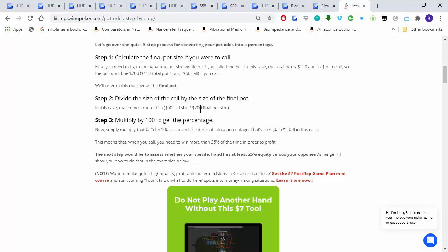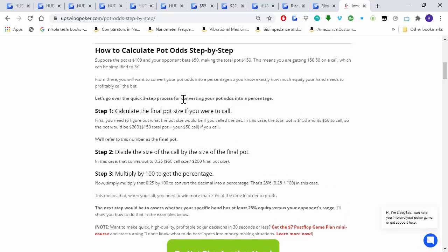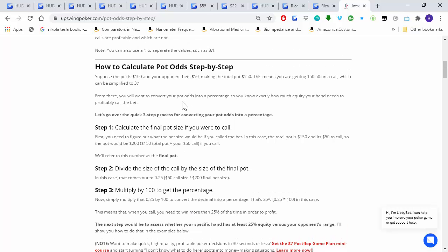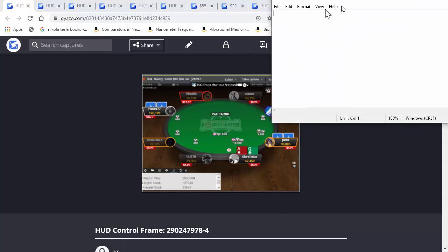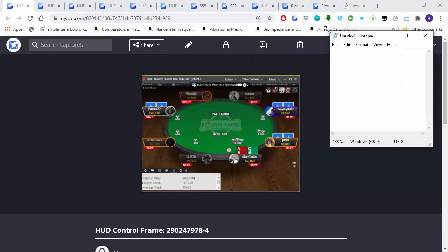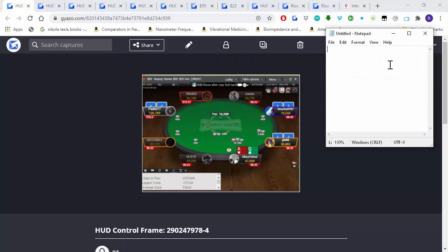Oh yeah, you have to do the final pot size. You have to call half pot. So if he shoves and I call, the total amount in the pot would be, I have to call off 24,000.